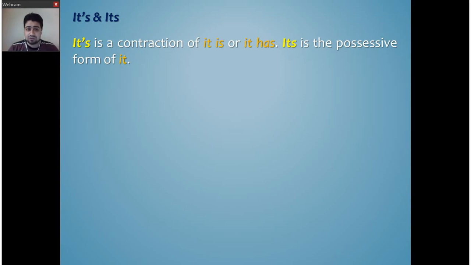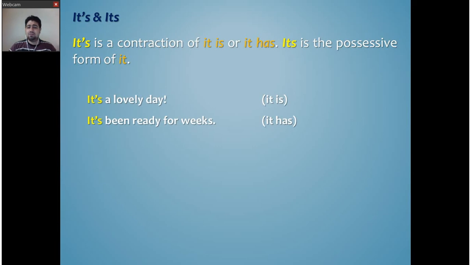It's with an apostrophe is a contraction of the words it and is, or it and has. We make them short like this using it's. Whereas its with no apostrophe is the possessive form of it. It refers to possession.